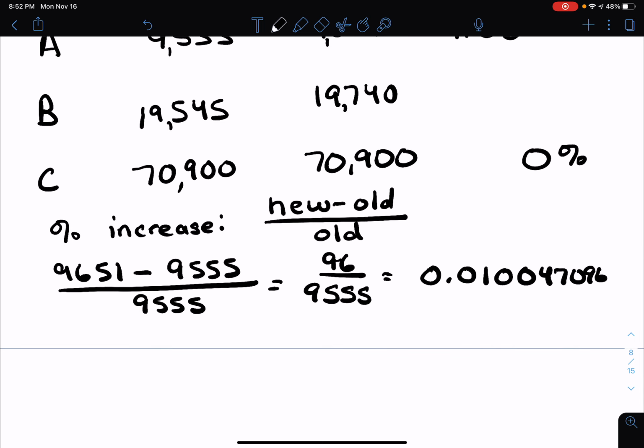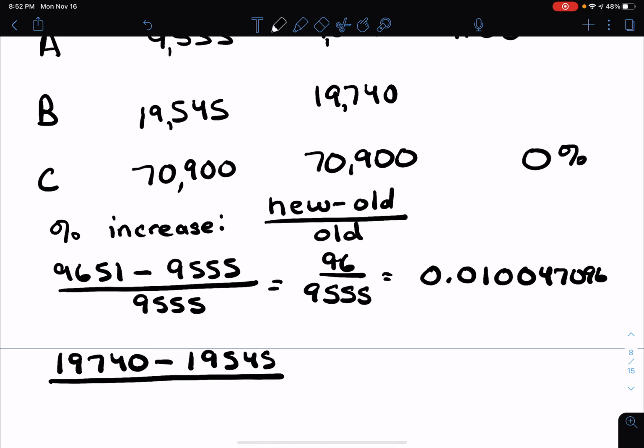Okay, state B, same idea. 19,740 minus 19,545, divided by 19,545. Got 195 over 19,545.